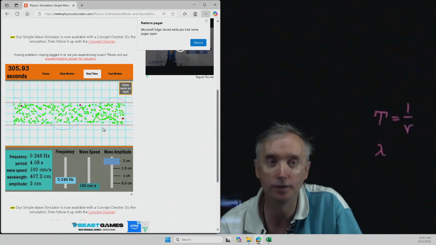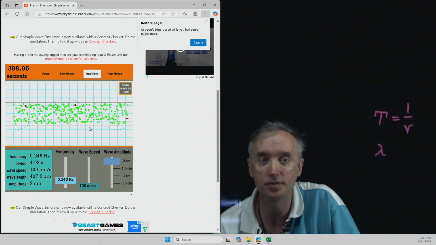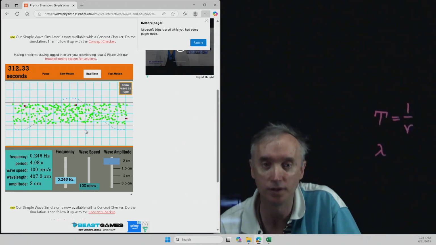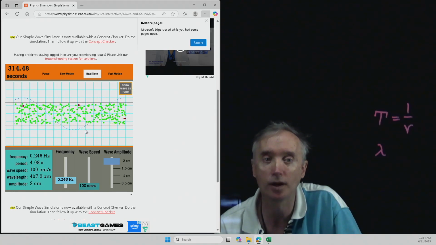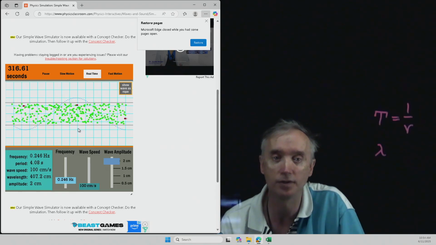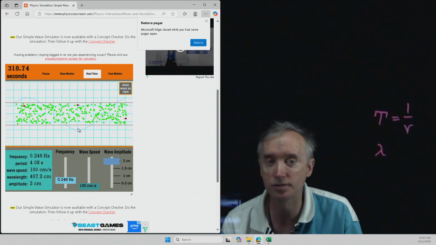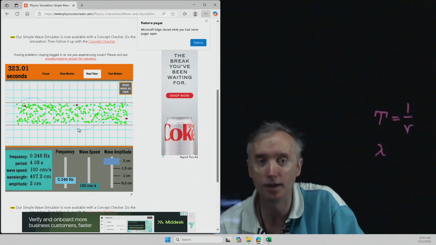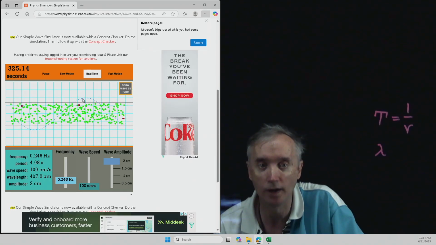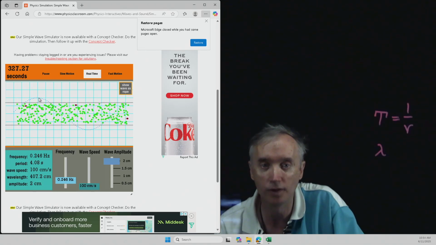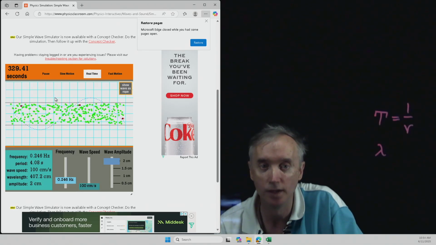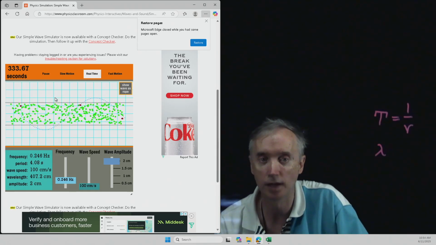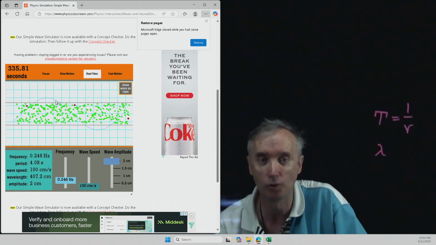Now we can pause the simulation so that you can look at this in more detail. But what I want you to notice is the green dots represent air molecules. Look at places where this blue thing is at its maximum, and see what the green dots do at that particular point.